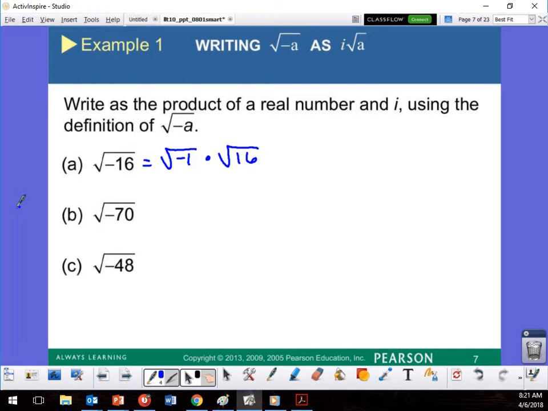But now the square root of 16 is a perfect square, which is going to give me what? 4. So now put them together and I get 4i. Because this right here is my i, and this piece right here gives me 4. And I multiply them together. Yes, that's an i.